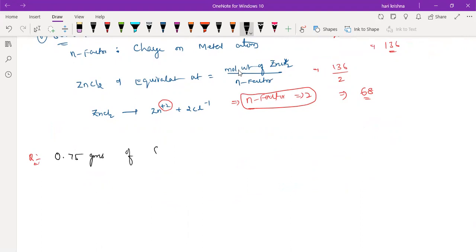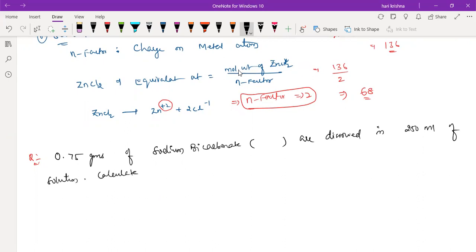0.75 grams of sodium bicarbonate. What is the formula for sodium bicarbonate?